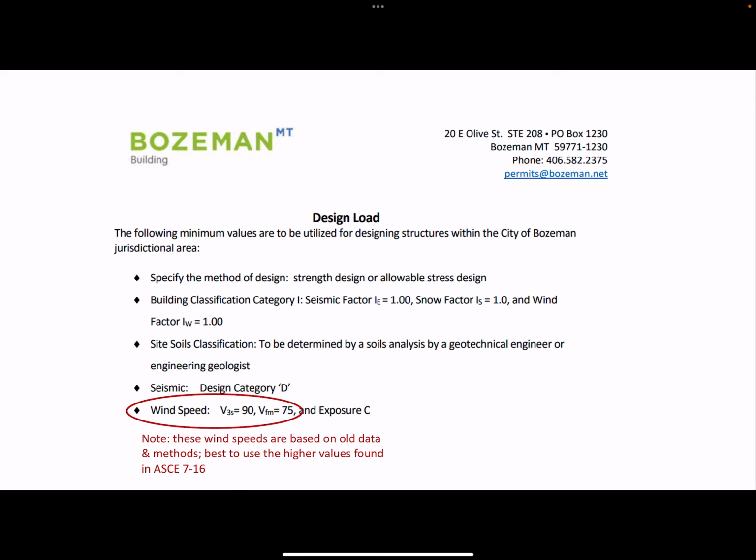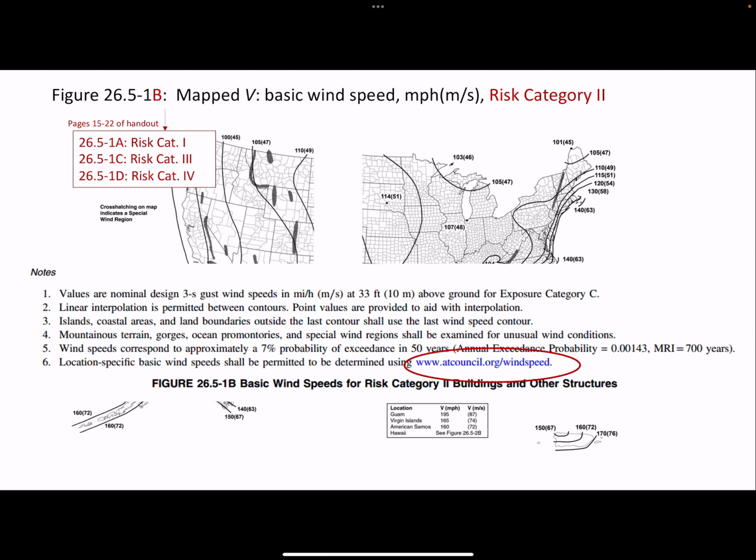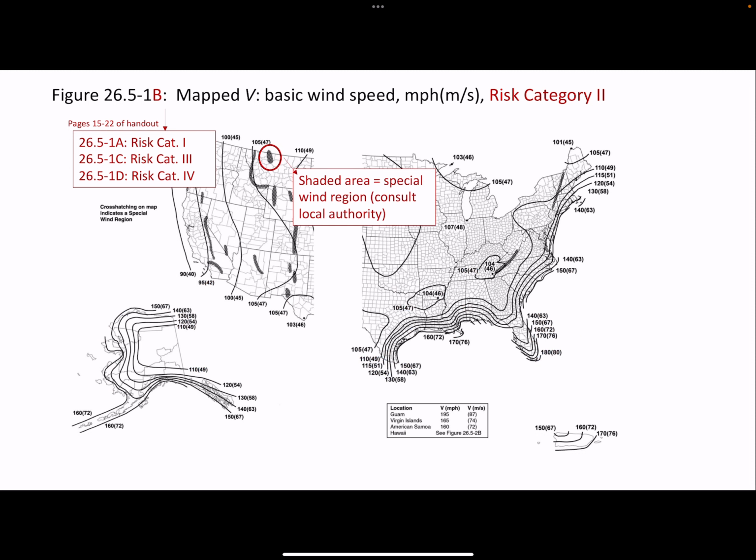Now that stuff is from old versions of the code, all right, old versions of the standard. It's pretty outdated. It would be a better idea to just use the higher values that you would obtain from the wind speed map. So if we look at the map, right, for risk category 2, you can see that most of Montana is between 105 and 110 miles per hour, right?